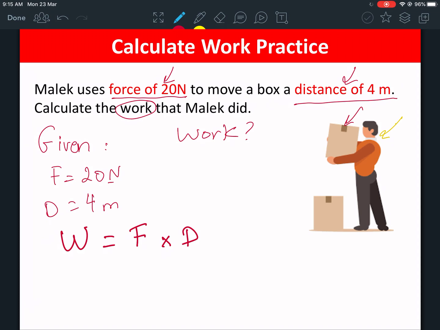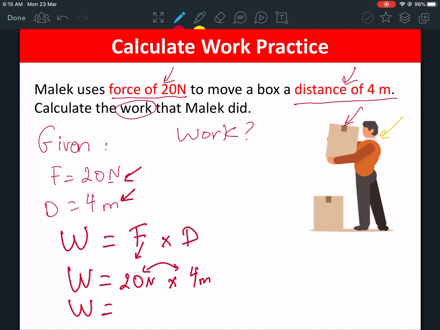Okay? Now I write here, work equals. How much is the force? It's 20 Newton times. How much is the distance? 4 meters. So work equals 20 times 4.